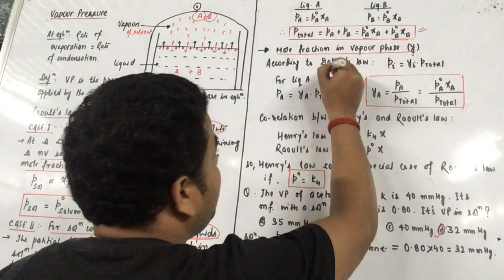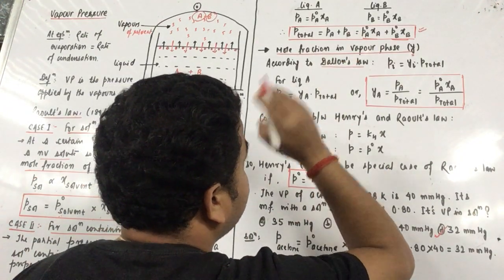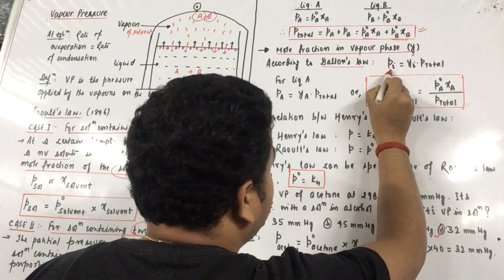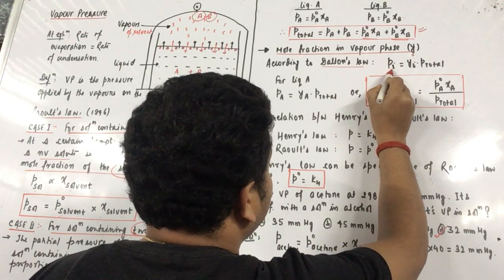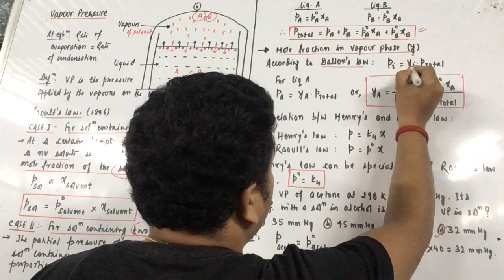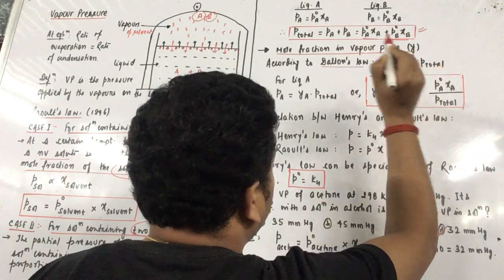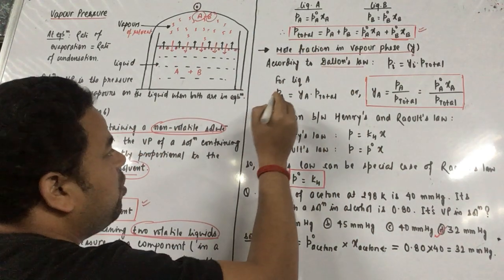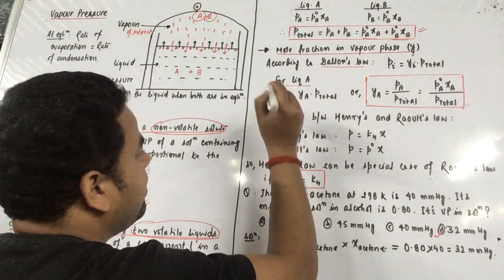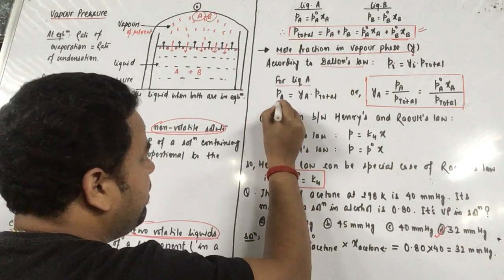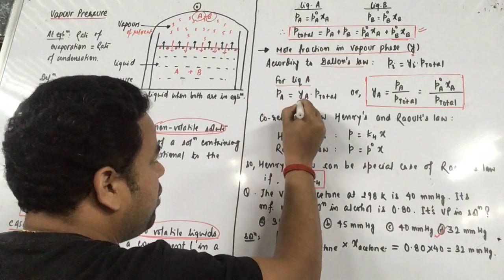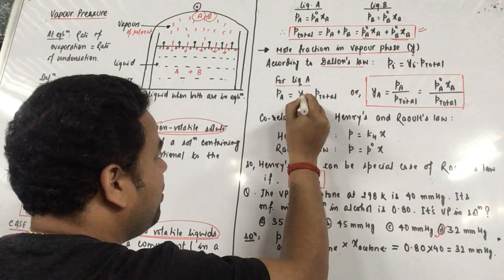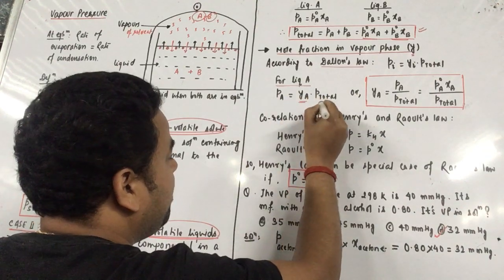Now we have read in class 11 Dalton's law of partial pressure. According to Dalton's law, the partial pressure of any gas i is equal to its mole fraction multiplied by the total pressure. So for liquid component A here, PA, the partial pressure of component A, is equal to its mole fraction in vapor phase, which we are representing by the alphabet Y, into the total pressure.